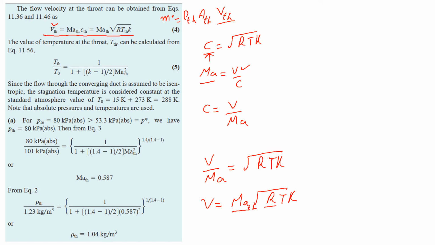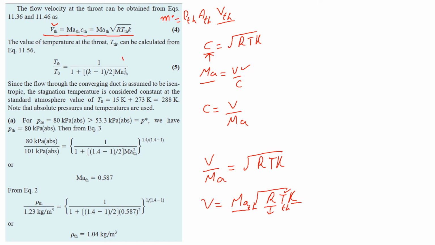For that purpose we already know the Mach number from our pressure equation. We know the gas constant value for air that can be read from the table. We need to find the throat temperature, and K is 1.4 that we already know. So there is still one unknown, that is the throat temperature.